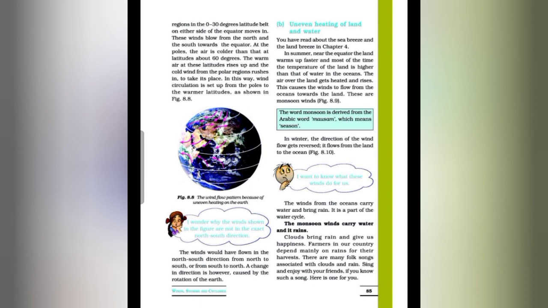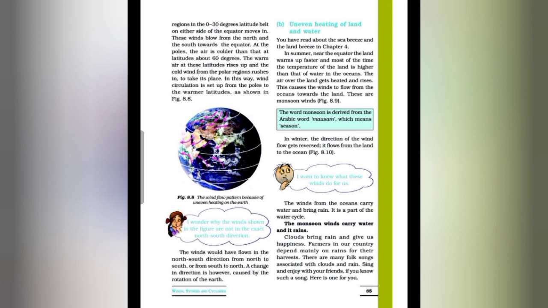Then warm air, being lighter, rises, creating an area of low air pressure. This makes cooler, dense air from the tropical belt, that is 30 degrees, blow towards the equator to take the place of warm rising air. And these permanent winds are called the northeast and southeast trade winds.